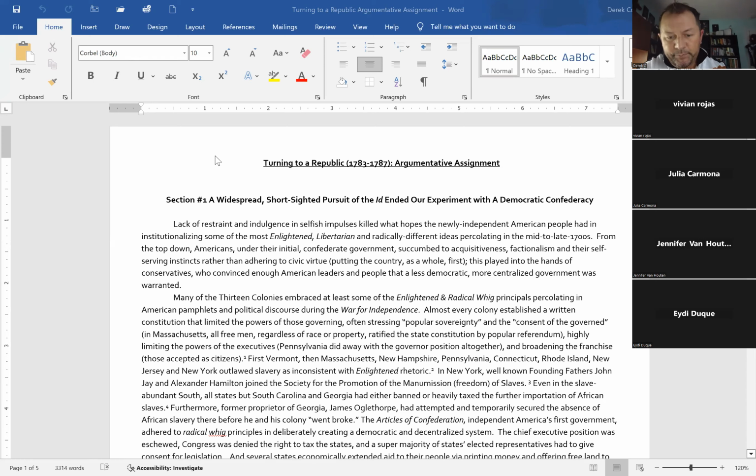So again, if you had read your history as an educated politician, you should have known, the conservatives said, what would become of a loosely devised confederacy.